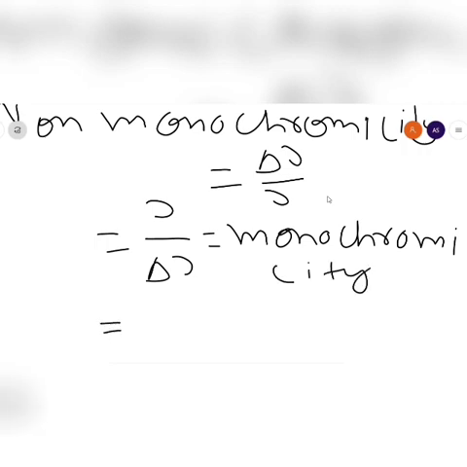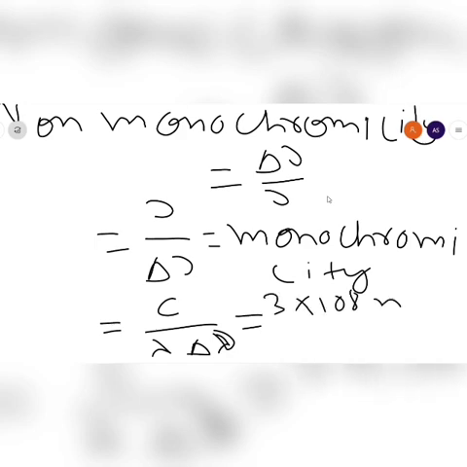You know the value of mu is c upon lambda, where c is 3 into 10 to the power 8 meter per second and lambda is 400 nanometer.